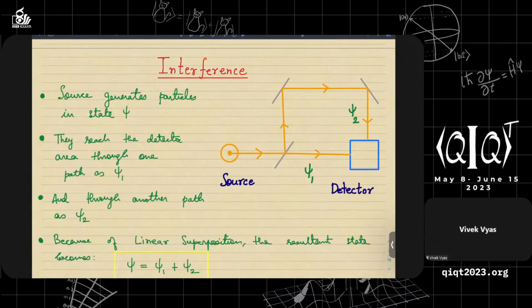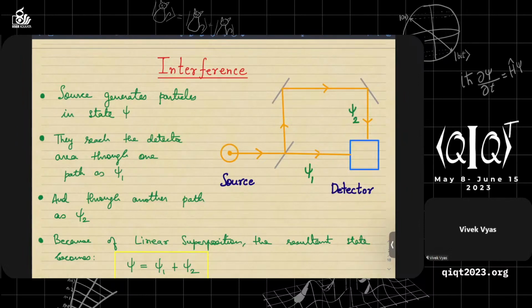So let us begin with this simple experiment, which anyone with any exposure to quantum physics would have come across in the first or second year of study of interferometry. Suppose we are given a source which produces quantum particles, let's say electrons, photons or neutrons, and it generates them in a fixed state psi.